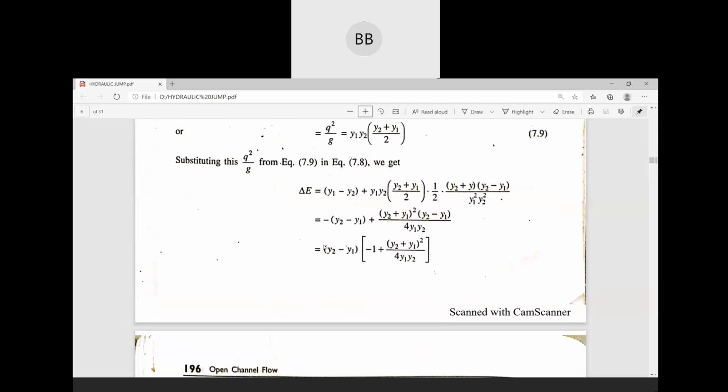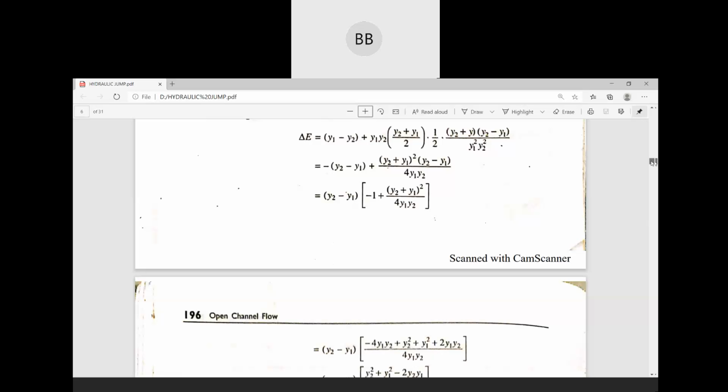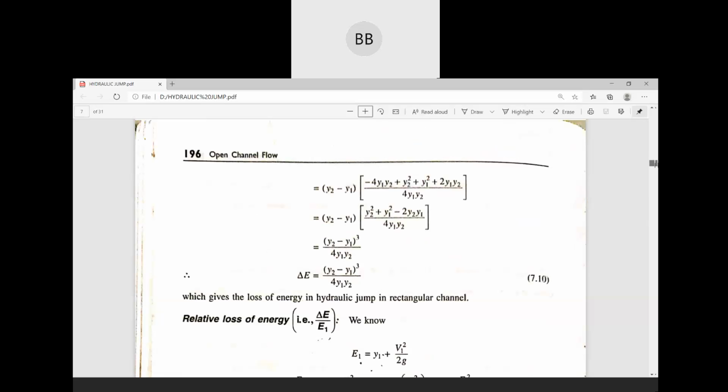Only the simplification is needed, that's it. How you simplify is up to you. You can use any process, first add then multiply, or first multiply then add. It's completely up to you. If you do the simplification you will get this expression.